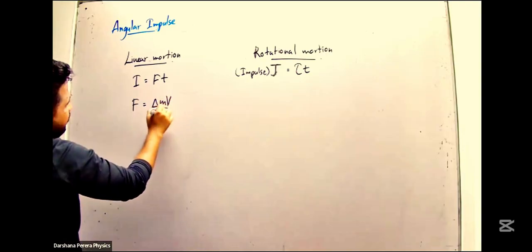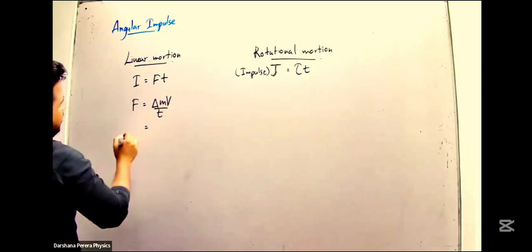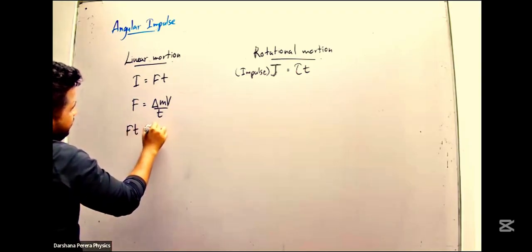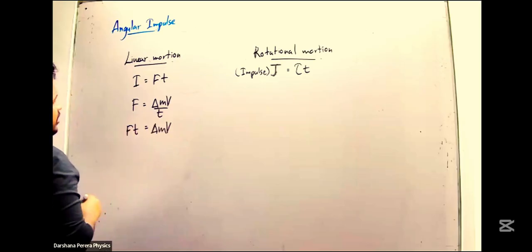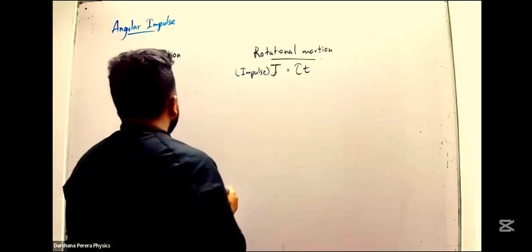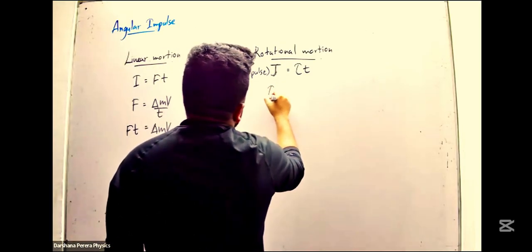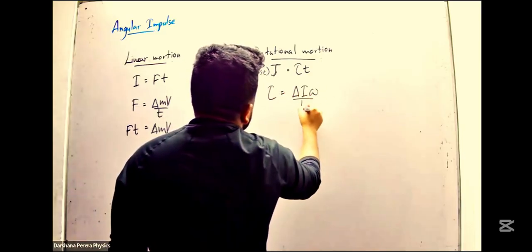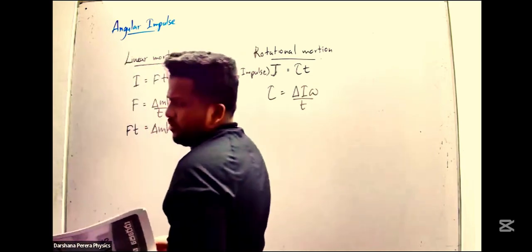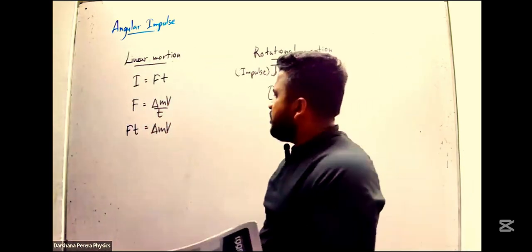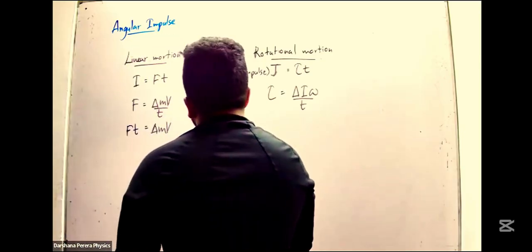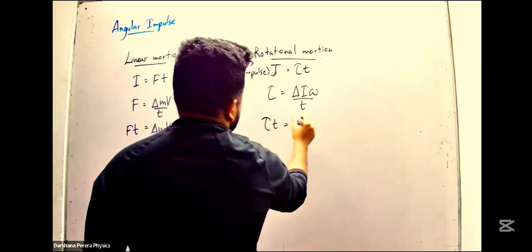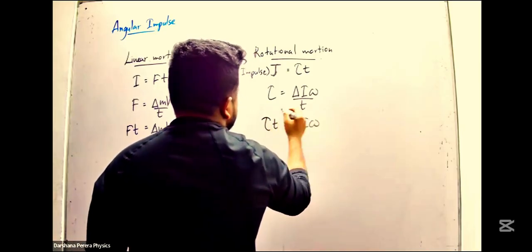What is the other equation? F equals delta mv over t, so Ft equals delta mv. Likewise, we know tau equals delta I omega over t. I think you can memorize that. In this case, tau t equals delta I omega.